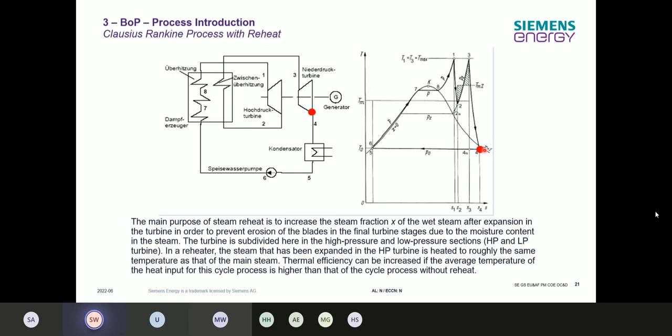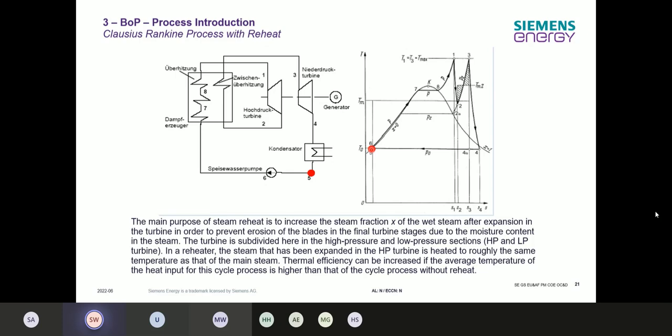The turbine outlet is somewhere in the vacuum area, and from there we get into the condenser. The condensation process of the steam is happening at the same temperature, and we're getting back to where we started, from 4 to 5 through the condenser, and we get our condensate back at the outlet of the condenser.